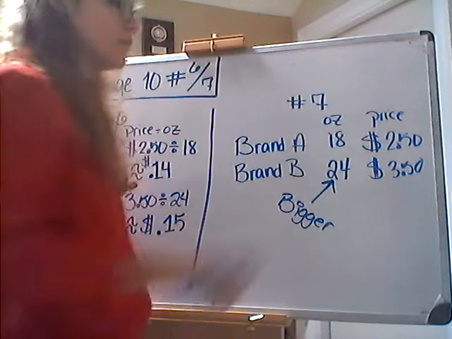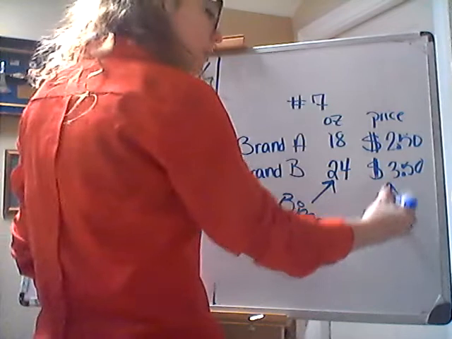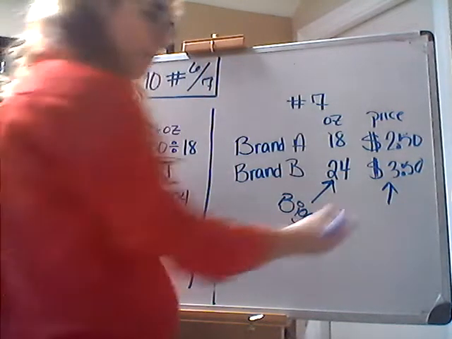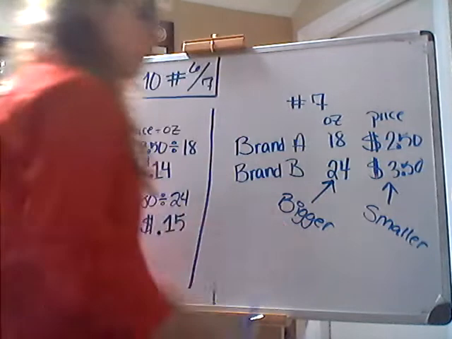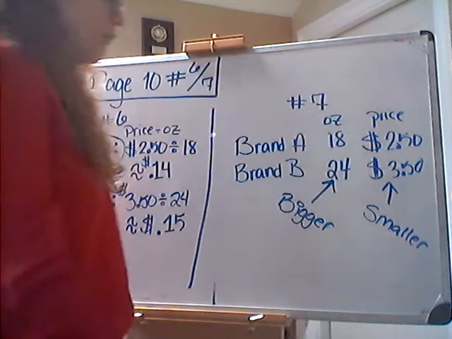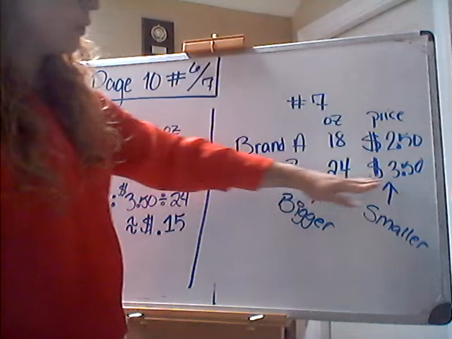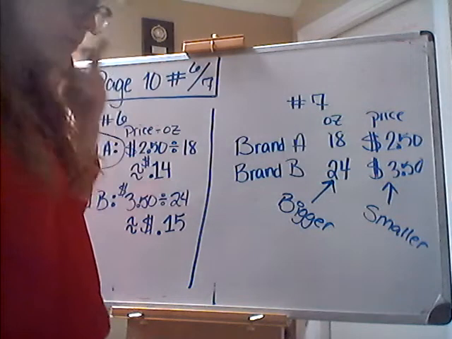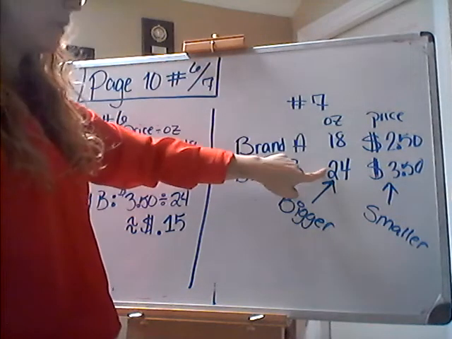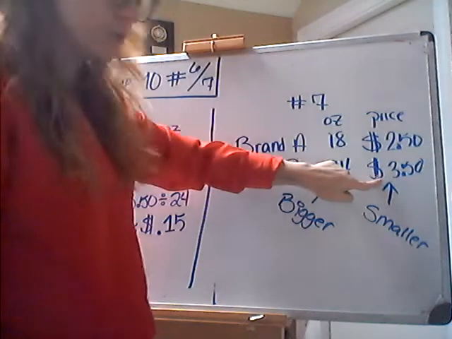Or you could make this number, the cost, smaller. For instance, it could be 24 ounces for $3.20.